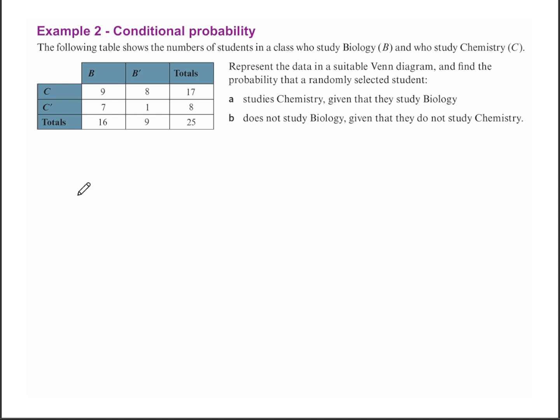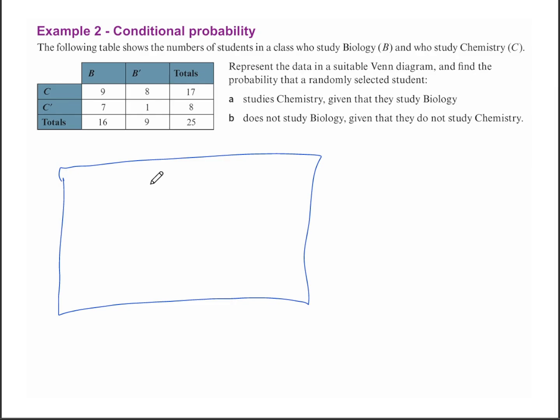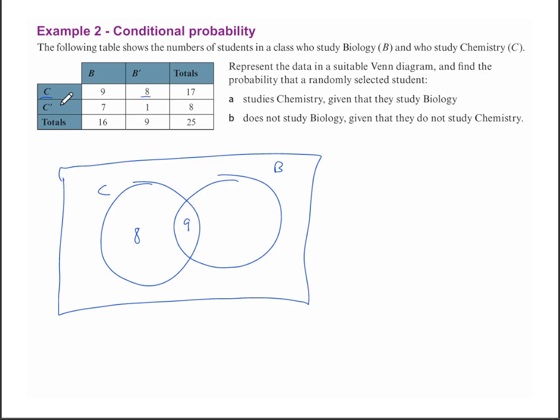We have our universal set, chemistry and biology, and we're given some values, where C intersection B complement, which is only the left part of C, is 8, and then C intersection B is 9. B intersection C complement, so only the right part of B, is 7. And B complement intersection C complement, which is just the outside, is 1.